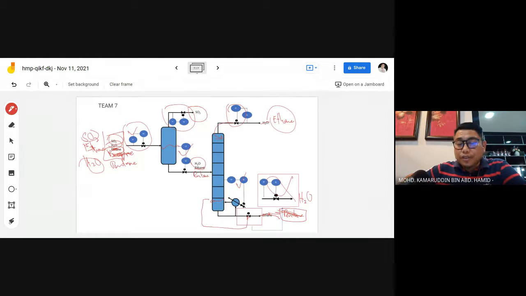Okay, kalau tak ada soalan, then what I would like all of you to do now is do the correction. You can access to this. I will give you the link of this. Okay, you can copy whatever and you do the correction.